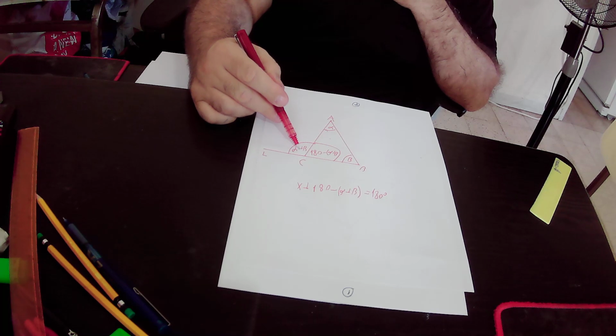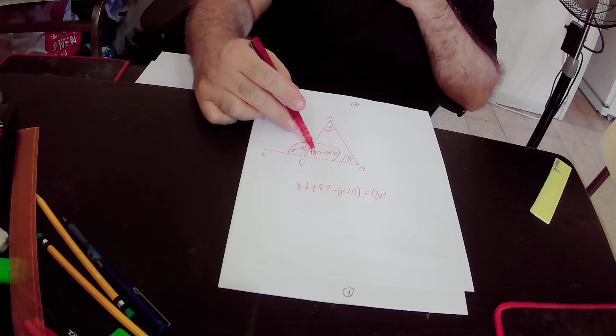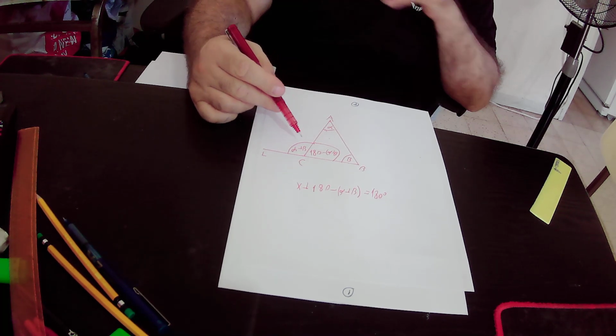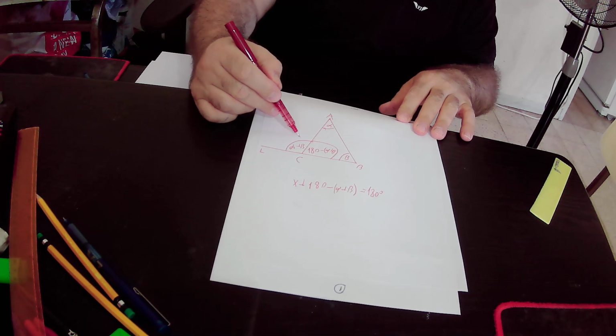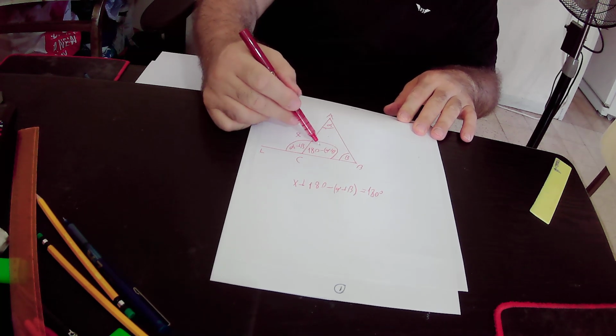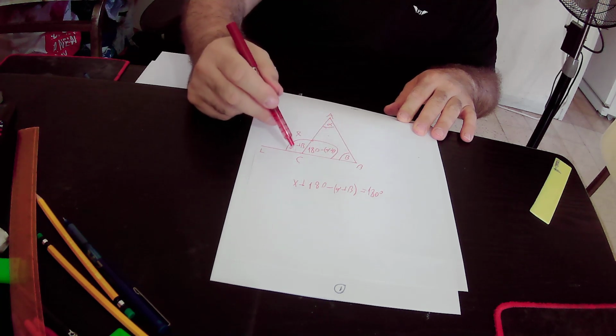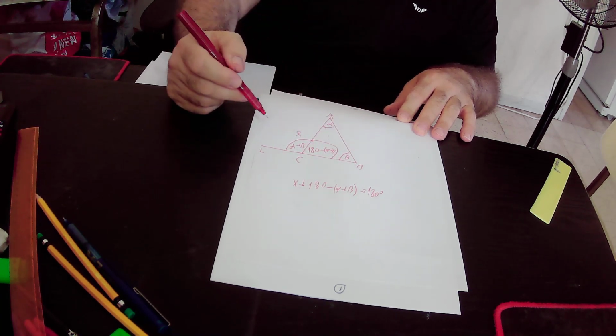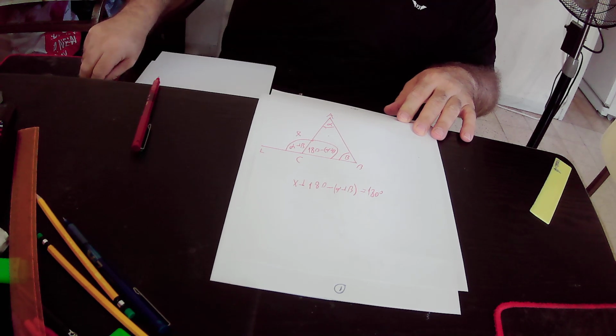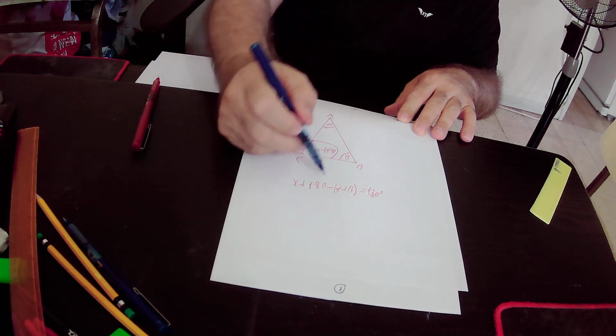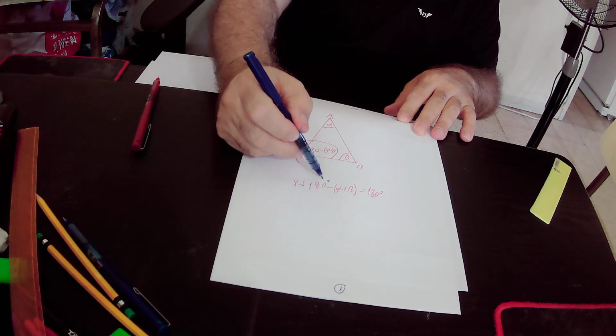So this angle plus this angle must be equal to 180 degrees. So here we have 180 degrees on both sides of the equation.